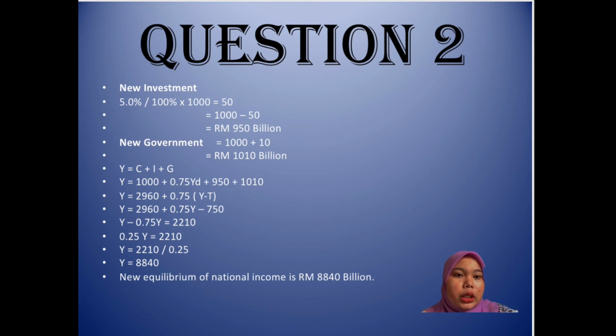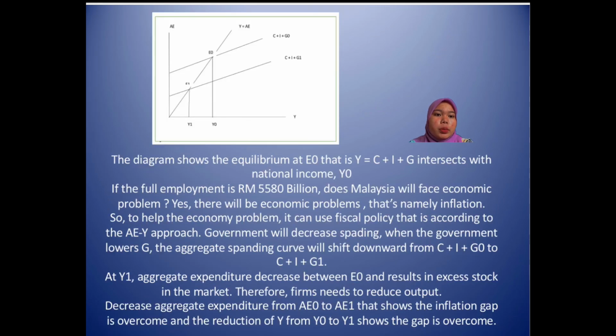For the new equilibrium, Y equal to C plus I plus G. So 1000 plus 0.75 YD plus 950 plus 1010. So the new equilibrium of national income is RM 8,840 billion.